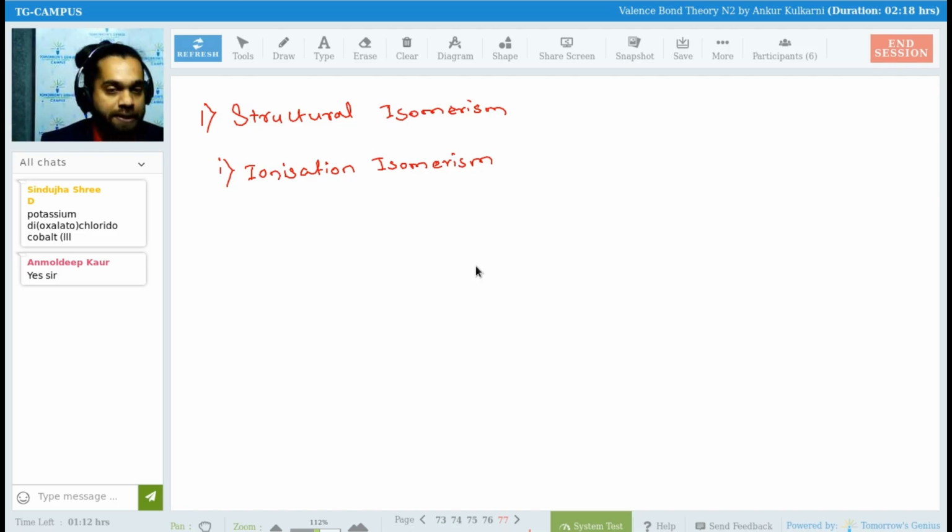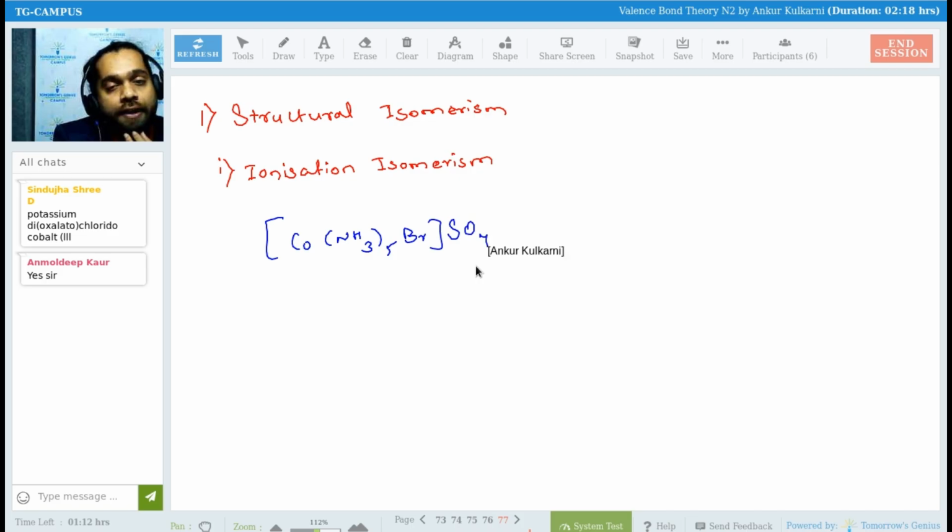Now what is ionization isomerism? The counter ion and the ligands get exchanged. For example, suppose I have a complex like [Co(NH3)5Br]SO4. Br is my ligand, SO4 is my counter ion. In ionization isomerism, the ligand and the counter ion get exchanged.